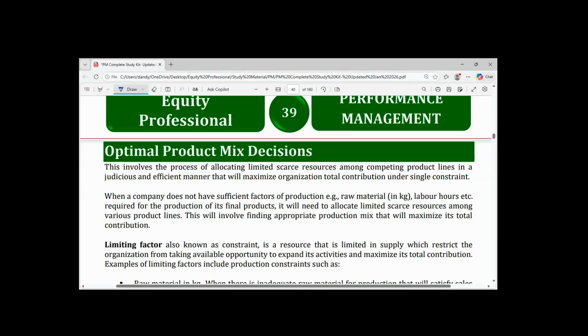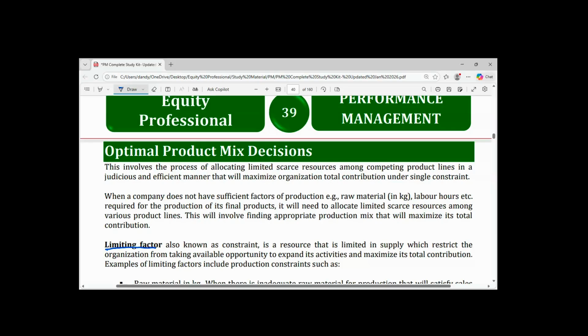Now, when you talk about a limiting factor, like I said, it's also known as a bottleneck or constraint. It represents the factor of production that is limited in supply. It arises when a company does not have sufficient resources, which impairs the ability of the company to take advantage of market conditions.